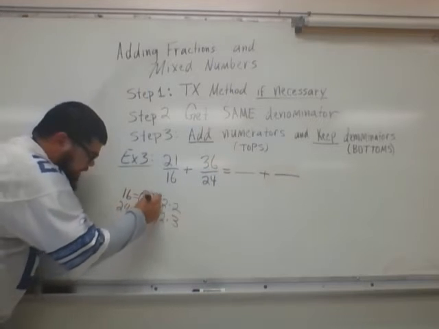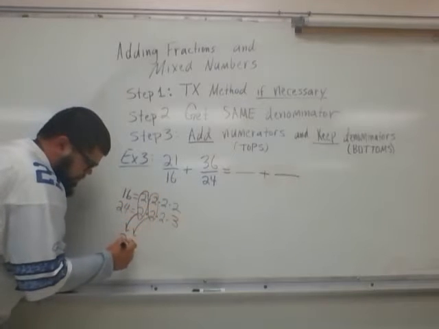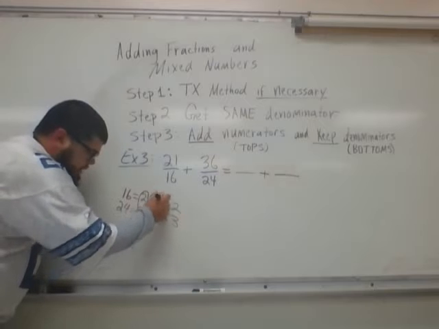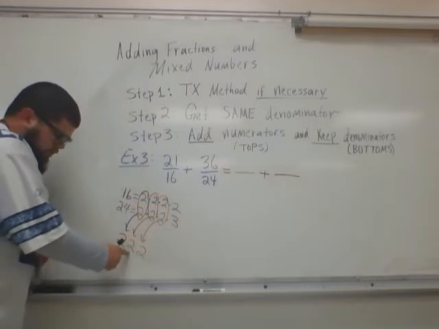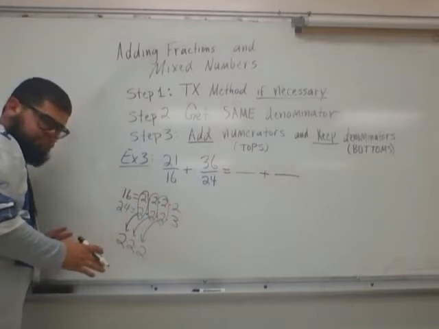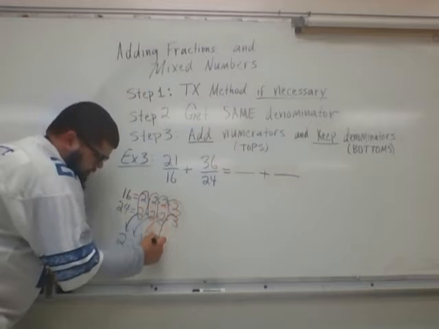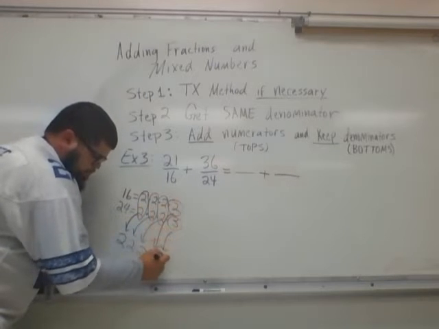Now they have these in common. Circle these, bring those down. We're multiplying. Circle these because they're in common, bring one down. So far we have 2 times 2 times 2. Now, are these common, 2 and 3? No. So we bring both of them down. This 2, and we bring this 3 down.